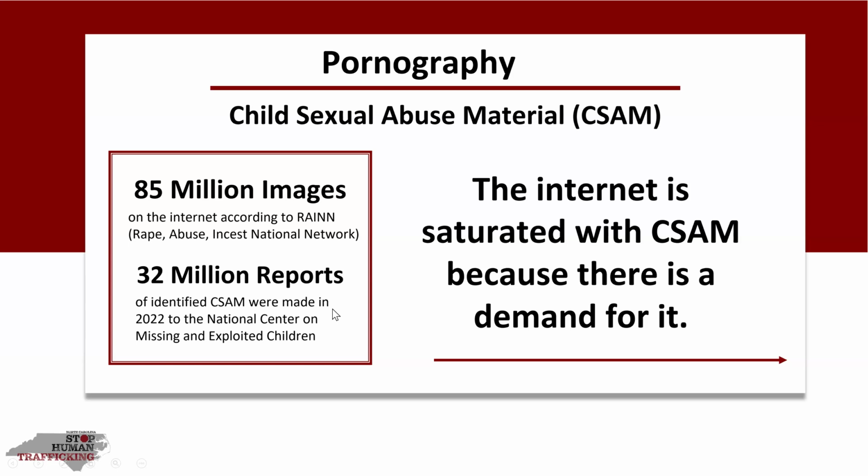We are calling this child sexual abuse material and not child pornography because pornography too has gotten a positive connotation in our society. And the last thing this organization is going to do is attach anything seen as positive to child sexual abuse. These are images and videos of children being sexually abused. And I want to be very clear about that.